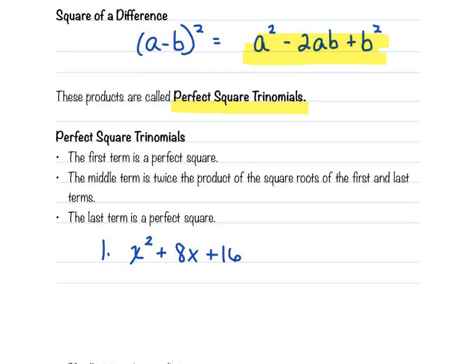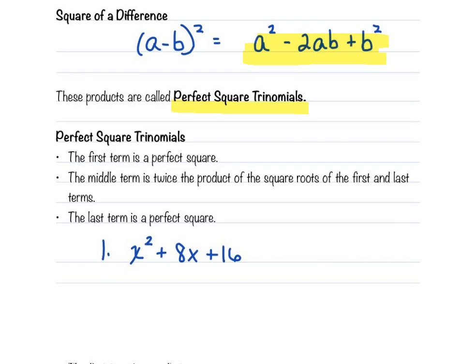Example number 1. x squared plus 8x plus 16. The question is, is this a perfect square trinomial? And if it is, how do you factor it? Well, we have to see if it has the three characteristics of a perfect square trinomial.